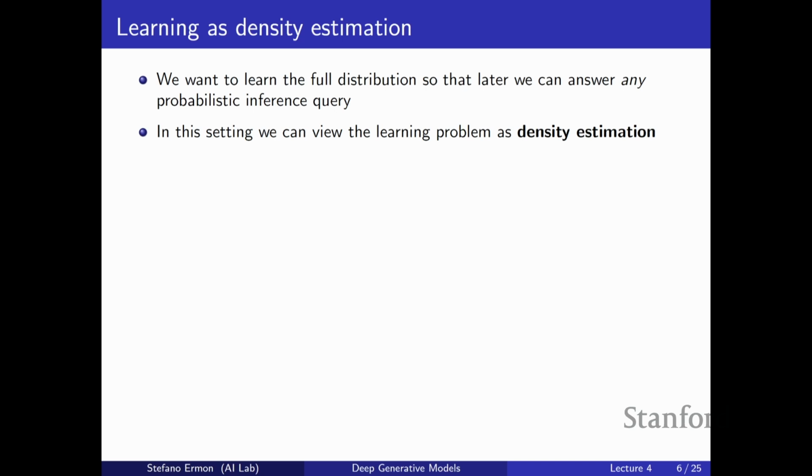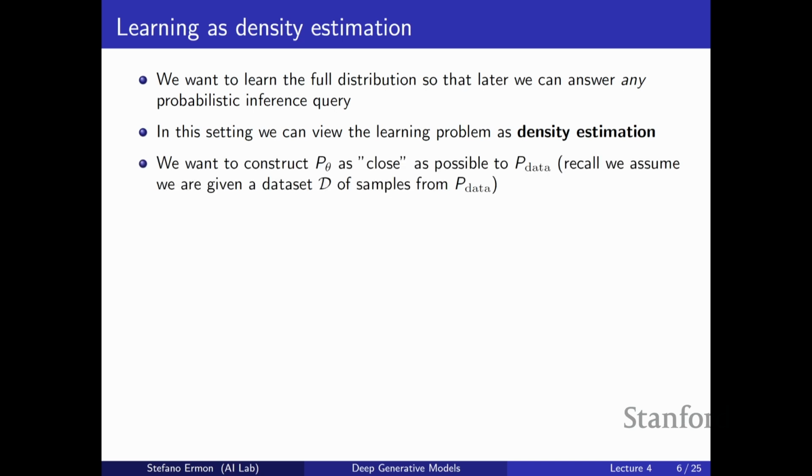You can think of it as an estimation problem, because again, you want to be able to assign a probability value to every possible assignment of values to the random variables you're trying to build a model over. And so at this point, we just want the joint distribution defined by the data distribution, which is unknown but we have access to samples, to be close to some distribution in your model family, p theta.